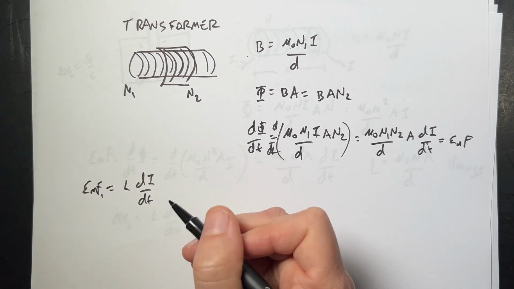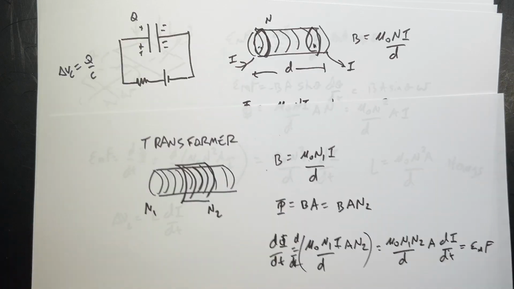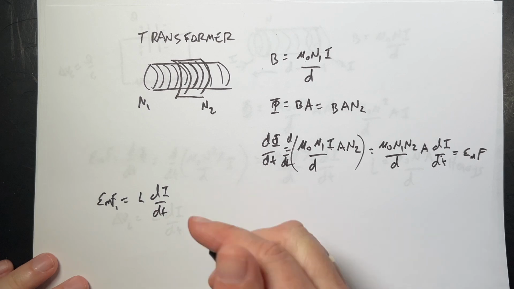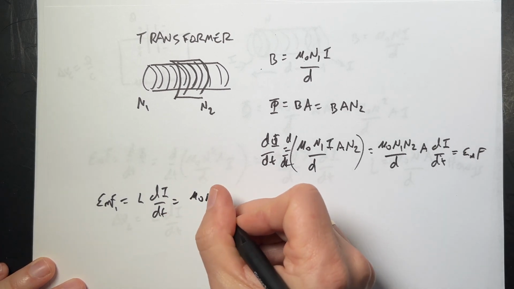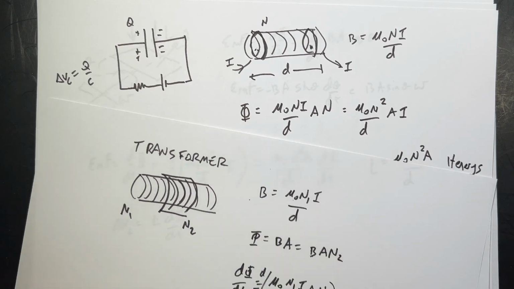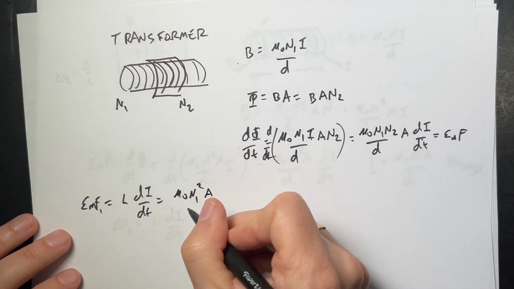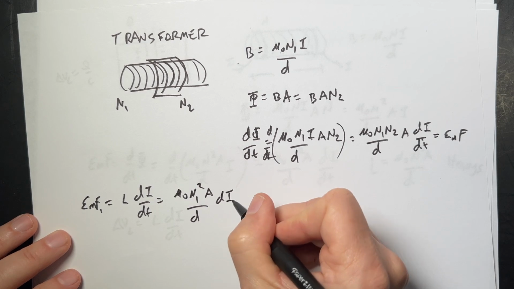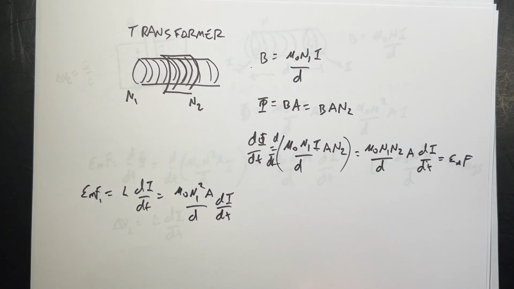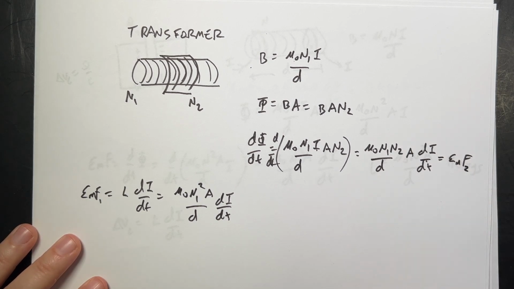Well, I already have an expression for the inductance, which is mu naught N1 A over D. So it's going to be equal to mu naught N1 squared A over D di dt. But this is EMF 2. Where do I... they're not equal to each other.